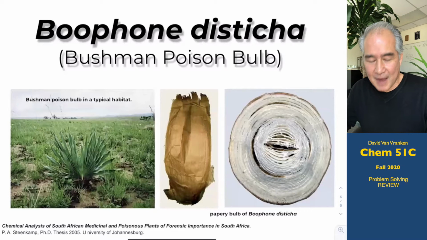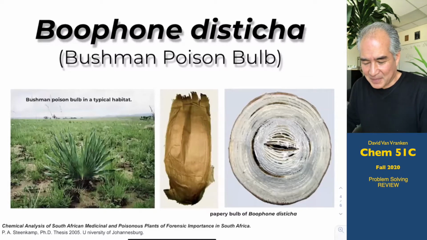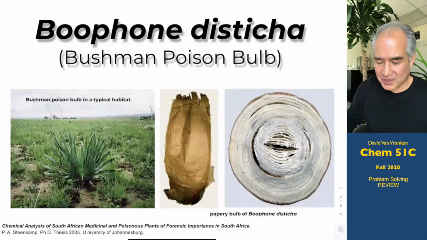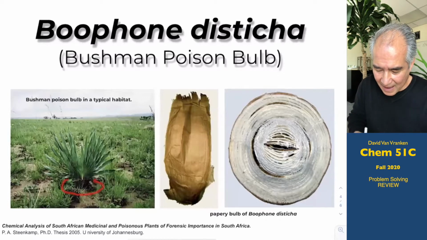I'm not exactly sure how to pronounce the scientific Linnaean name, whether it's Boophone or Boophone. But this is Bushman poison bulb, which is common to South Africa, the southern parts of the African continent. And here's a picture of it growing in the wild in a more native habitat.